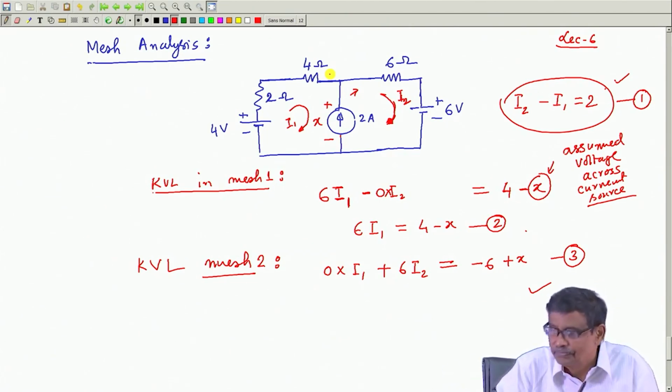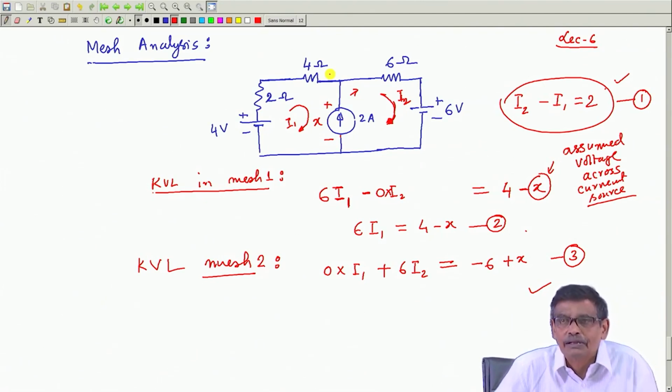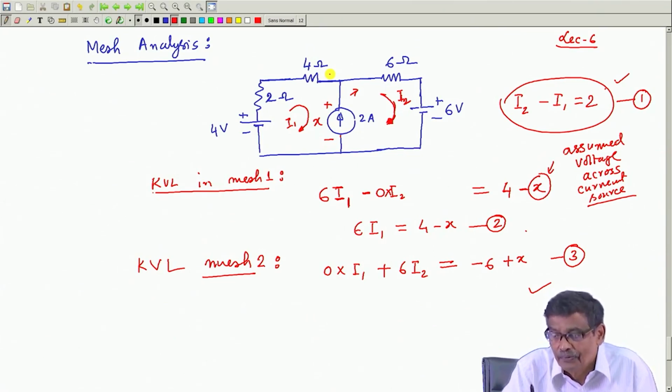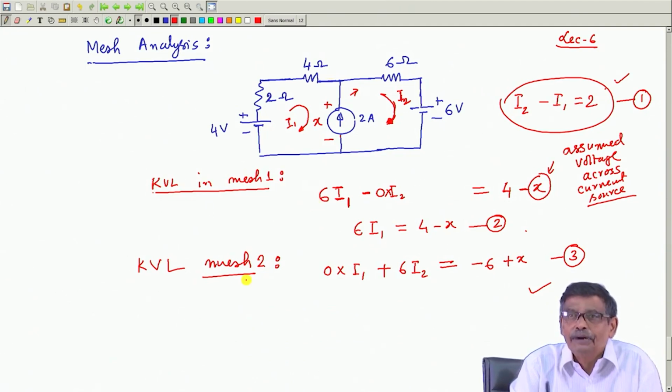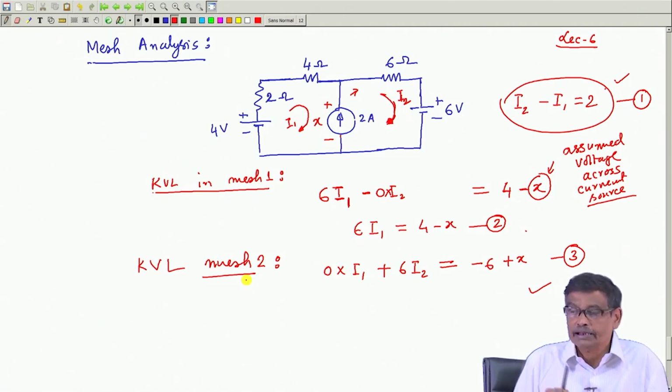Immediately go to mesh analysis, because outer loop current sources mean those mesh currents are known, so the number of equations to be solved will be less than the number of meshes. If current sources appear in the common wall between the two adjacent meshes, then actually the number of equations to be solved becomes more. Understood? This point must be highlighted.